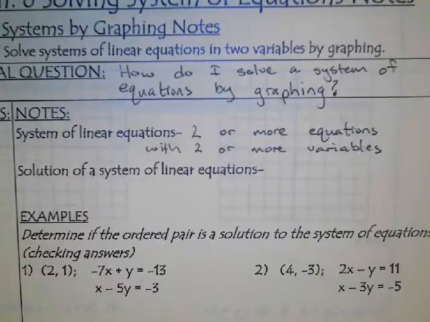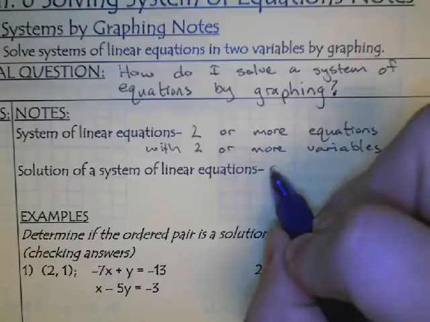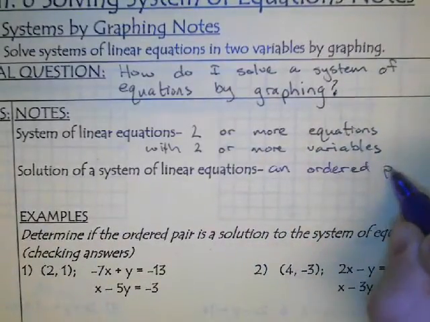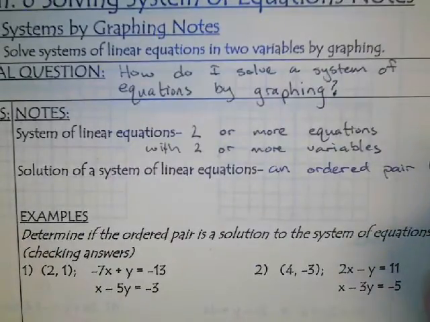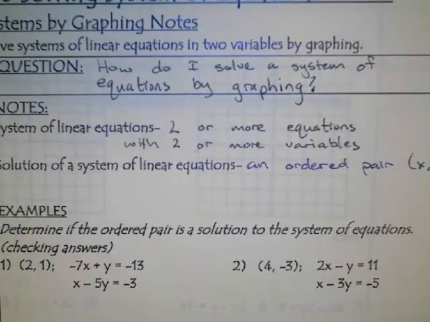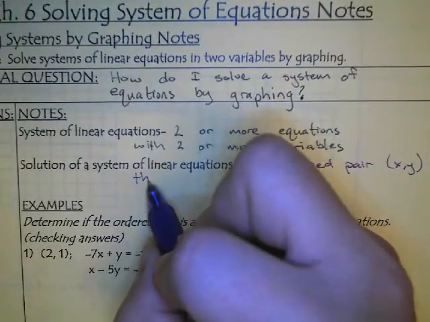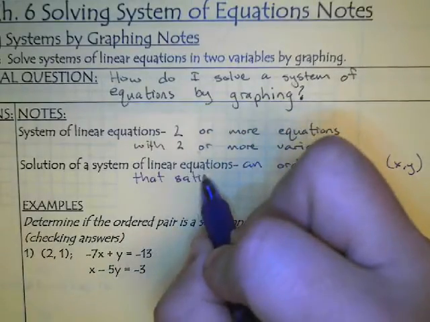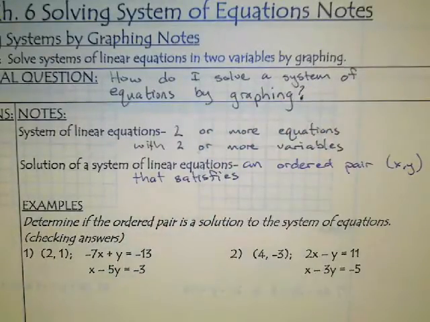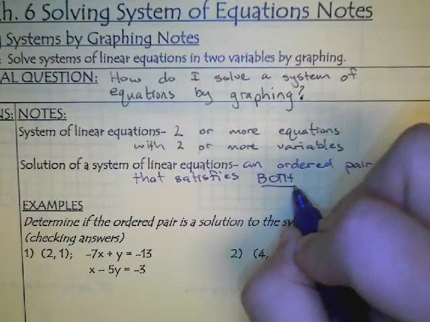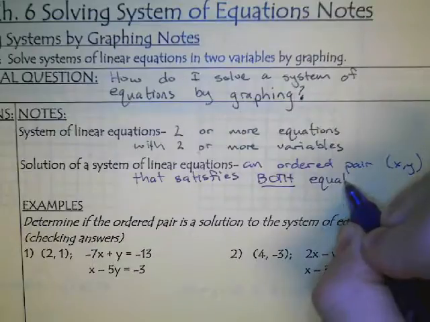And a solution of a system is an ordered pair (x, y) that satisfies both equations.